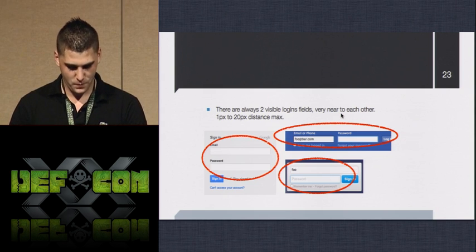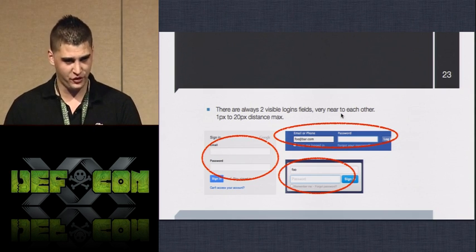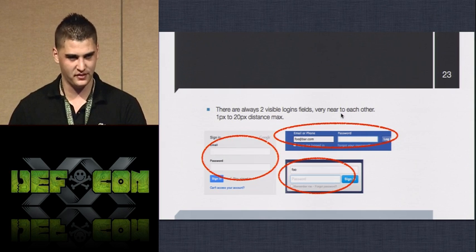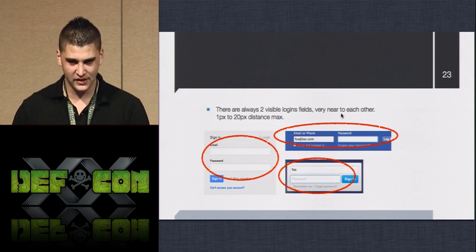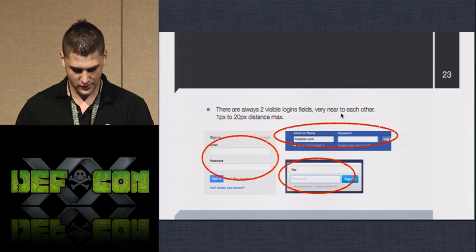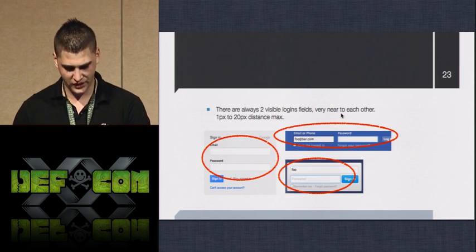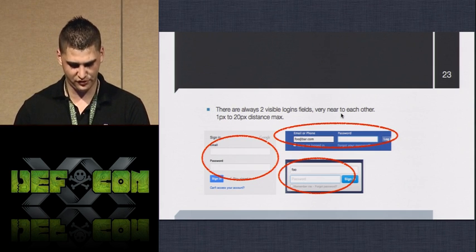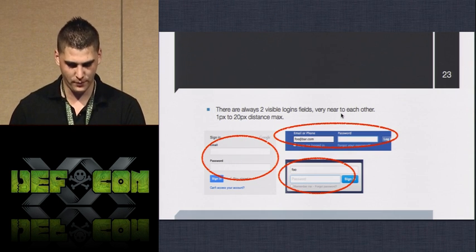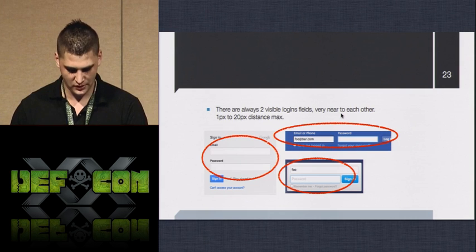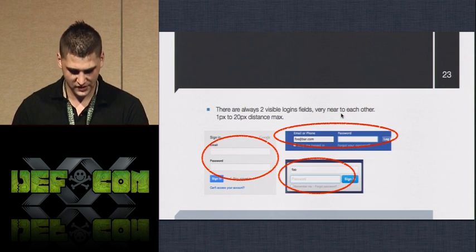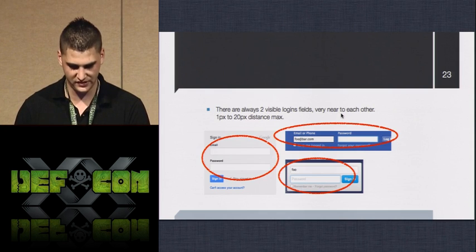So when you have a browser engine that actually renders the CSS and the actual website, it's really easy to determine which fields are used for which purpose. And the 3 fingerprintable elements of access control on the web: the first one is there are 2 visible text fields.